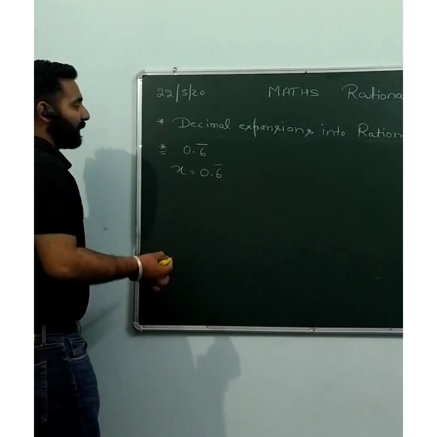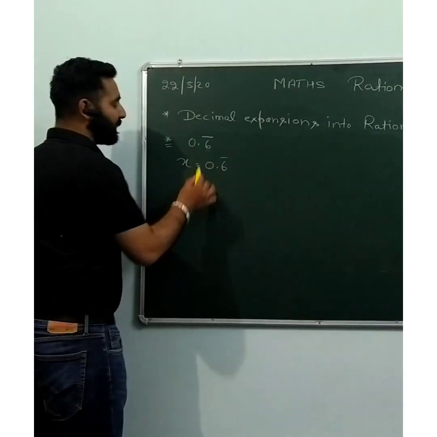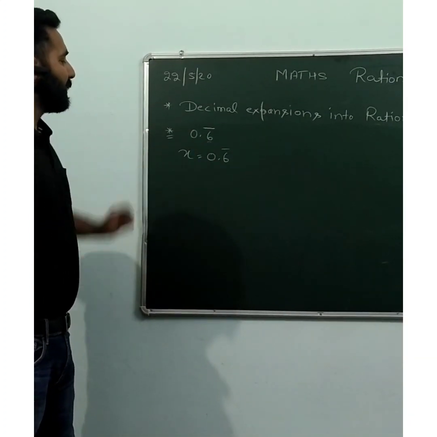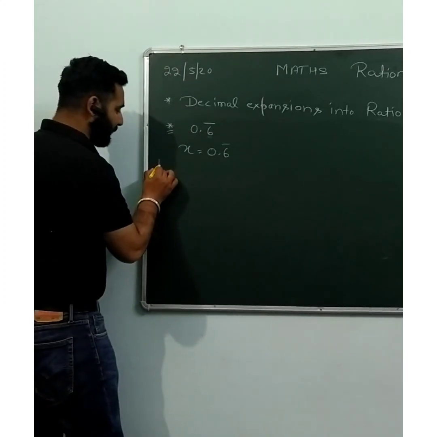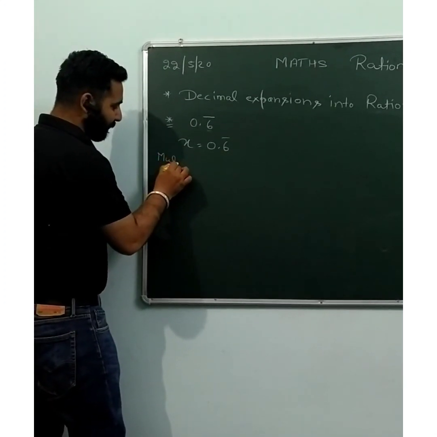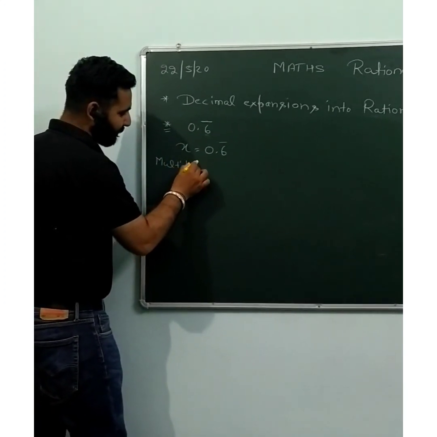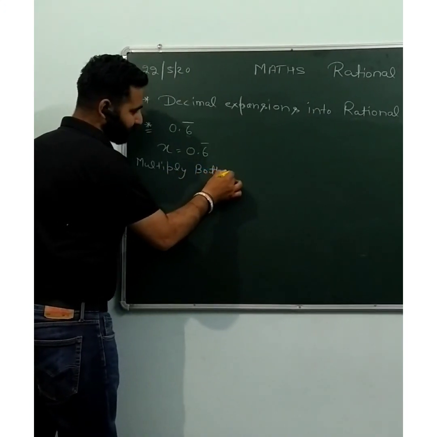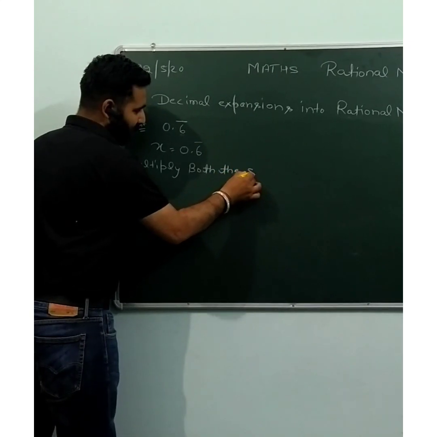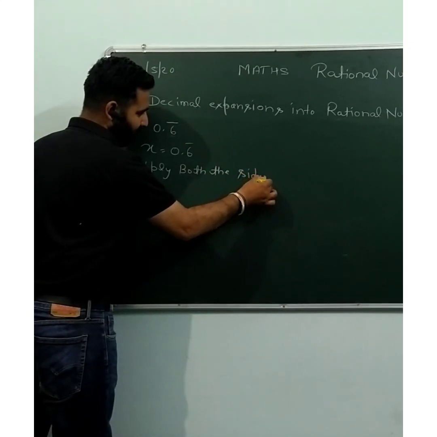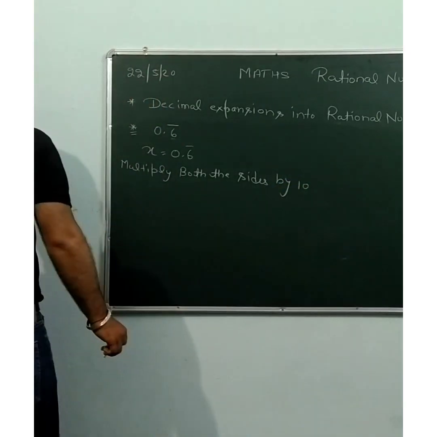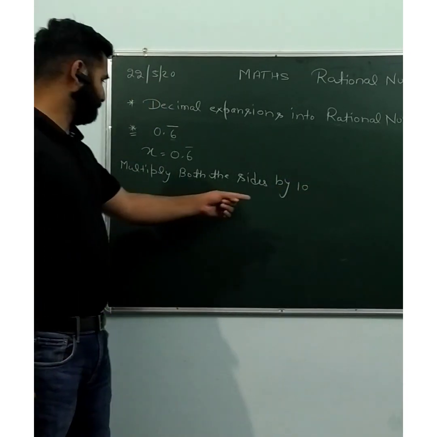Now check how many digits are present after the decimal. Here we have only one digit. So if there is one digit, then multiply both the sides by 10.